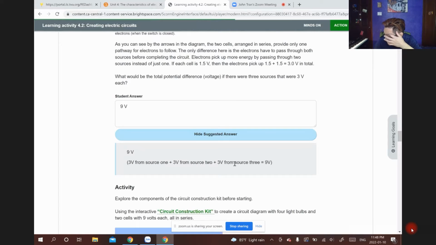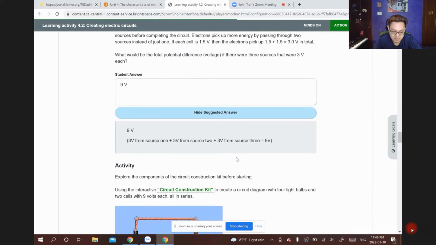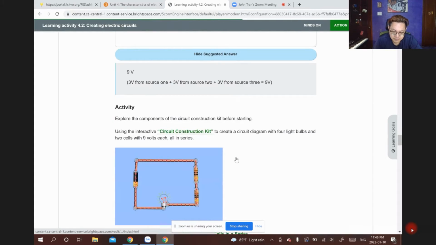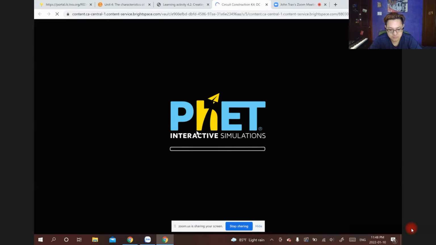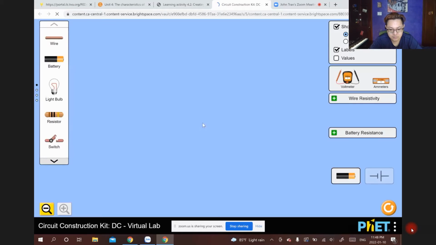9V, 3V from source 1. Explore the components of the circuit.